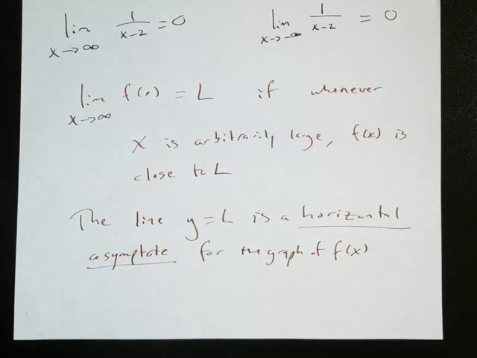So we had limits with values infinity and values minus infinity at vertical asymptotes. That was the 2 in our example. But now a horizontal asymptote is the limit as we go to infinity or minus infinity.